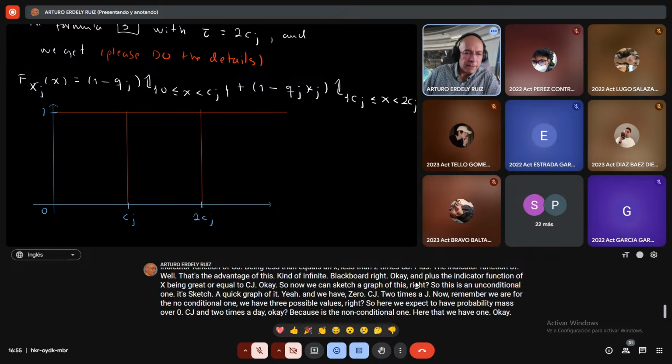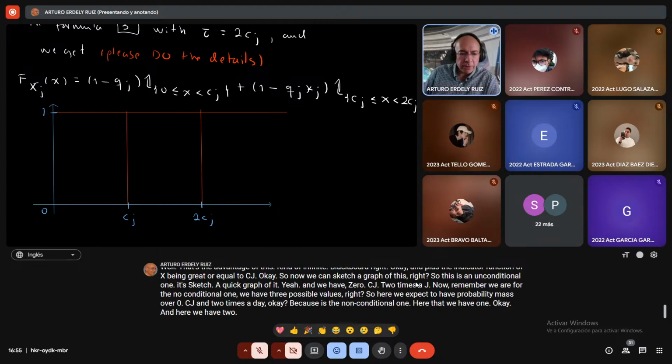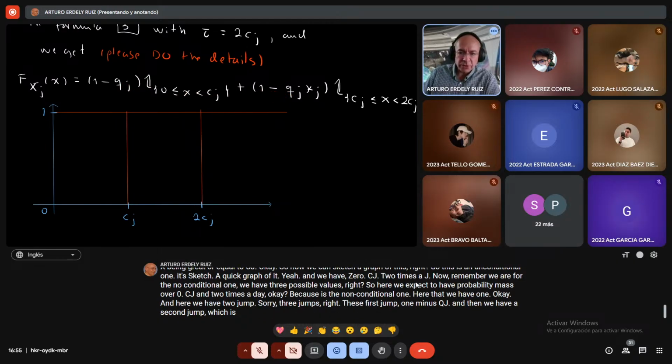And here we have 3 jumps, right? This first jump, 1 minus qj, and then we have a second jump, which goes to 1 minus qj, but qj is multiplied by kappa j. So this product is smaller than qj, right?